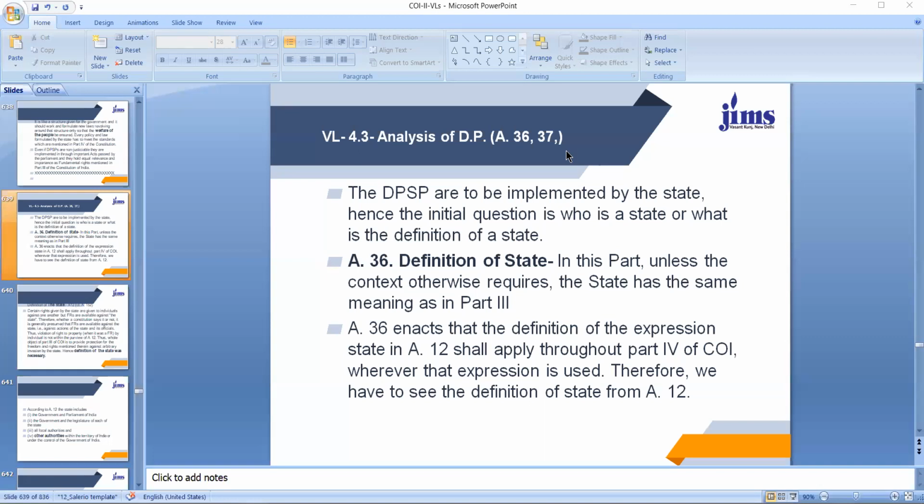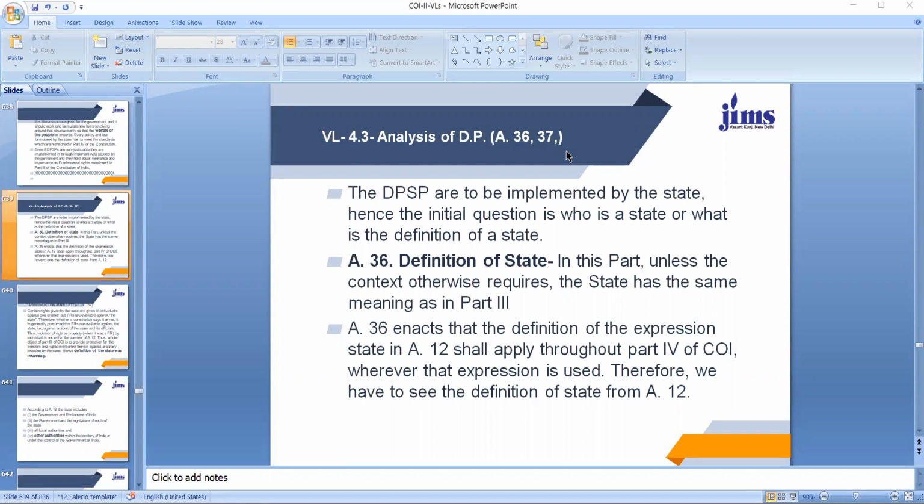In Part 3, relating to fundamental rights, the word state was defined in Article 12. Please open up your Bare Acts and see what Article 12 says. Please always bring your Bare Act to the class. I'm reading Article 12 for your benefit.